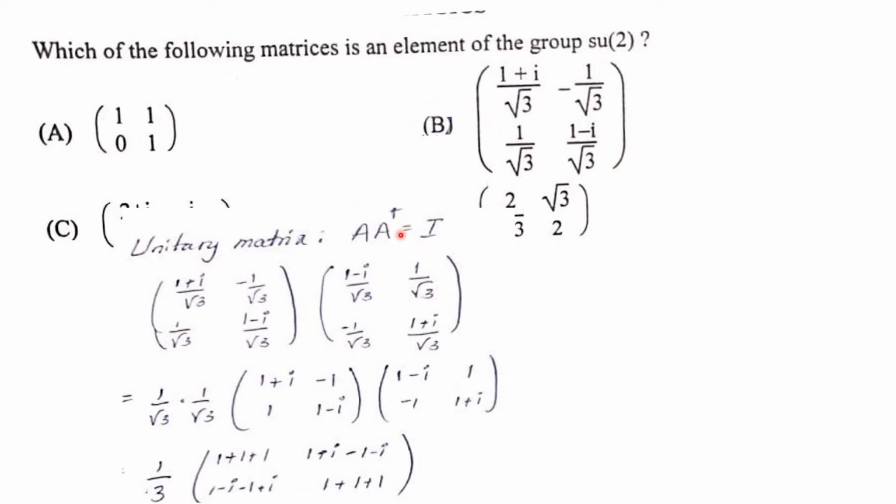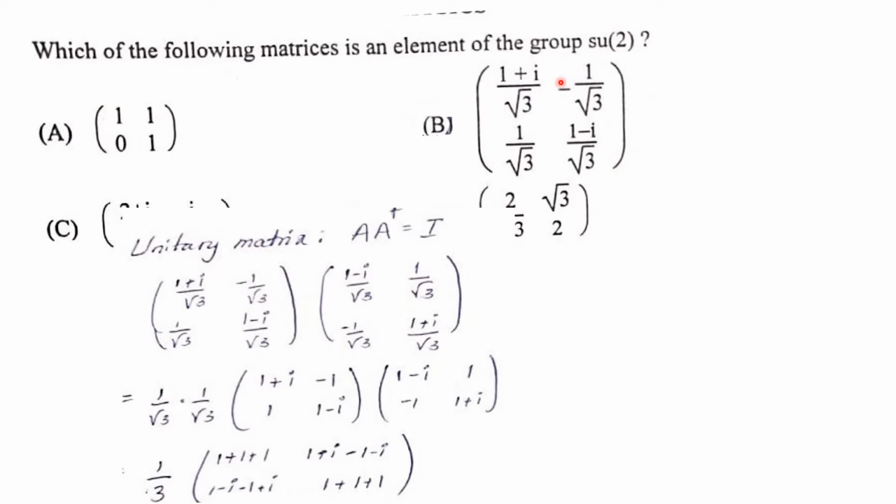Then A Hermitian, that is transpose of complex conjugate. So here if you consider this one, 1 minus i by root 3, minus 1 by root 3, 1 by root 3, 1 plus i by root 3. So transpose means row becomes column, columns becomes row.